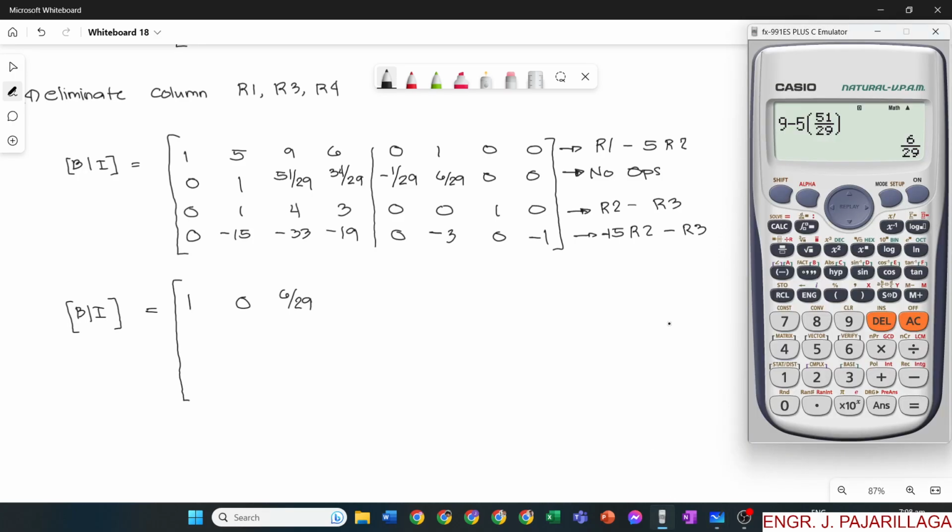Then next is we have 34. This one is 6. 6 minus 5 multiplied by 34 over 29.